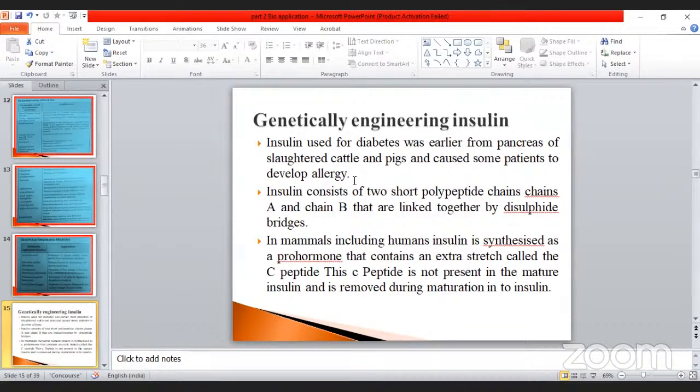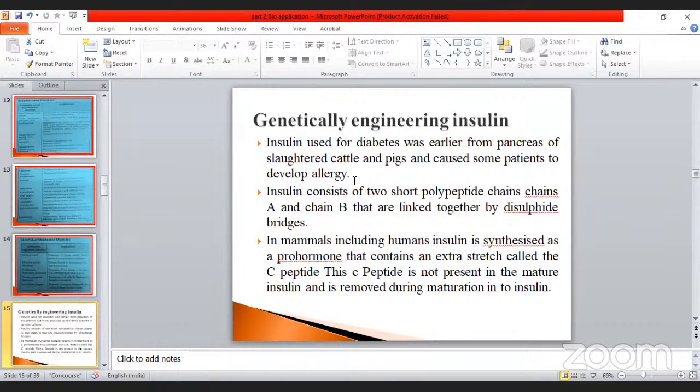During that process, what happened? The pancreas secretes the insulin hormone. That pancreas is also isolated, and from that pancreas they isolate the insulin hormone. That insulin does not match all human beings. Some persons will get allergy.